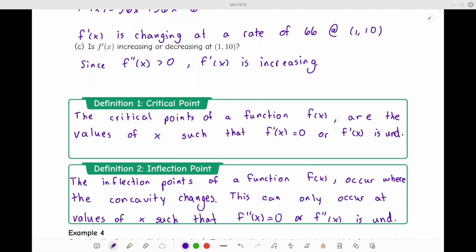The key thing I want to point out here is we aren't guaranteed that every 0 and undefined point of the second derivative is an inflection point, but the only places inflection points can occur are at these two places.